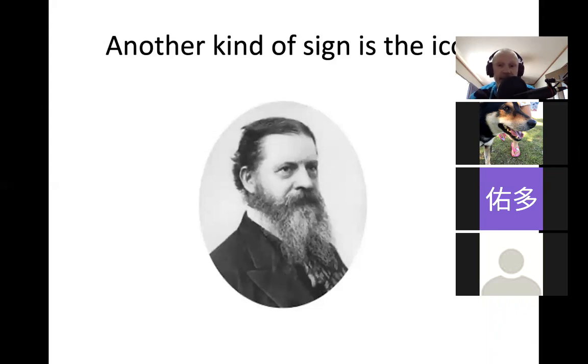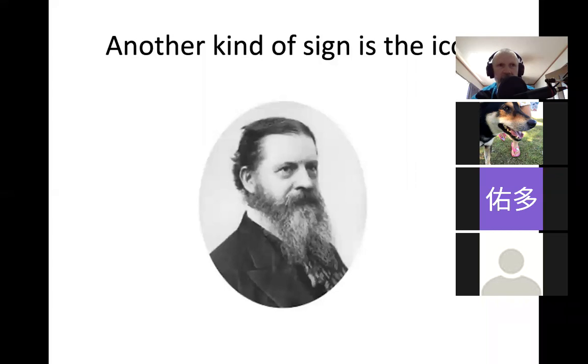Now, another kind of sign. The first kind of sign is an index, something that points directly at something, like smoke. But Charles Sanders Peirce said there are three kinds of signs, and the second kind is what he calls an icon.